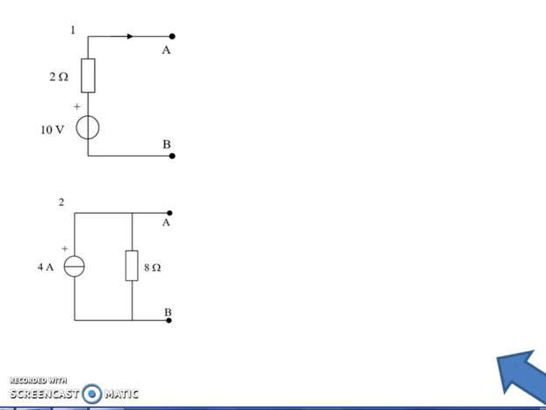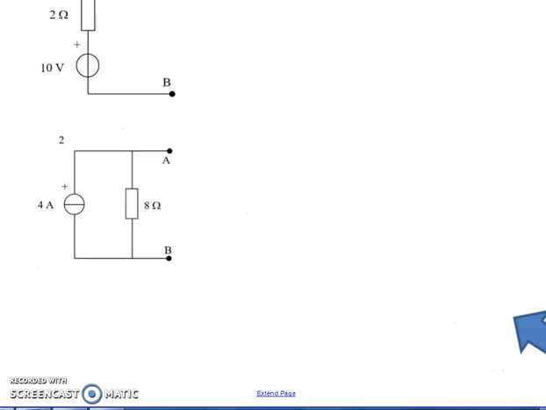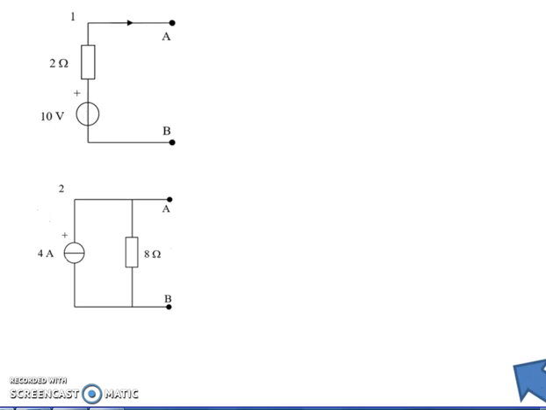It's easy to convert from a Thevenin circuit to a Norton circuit, and vice versa. Looking at the circuit at the top of the page, you'll see it has a 2 ohm internal resistance and a 10 volt constant voltage generator. If I want to convert that into a Norton equivalent circuit, all I do is put a short down here and measure the short circuit current, ISC, what current will flow.